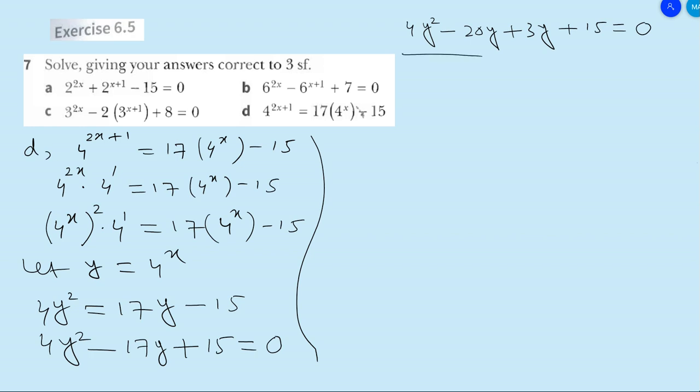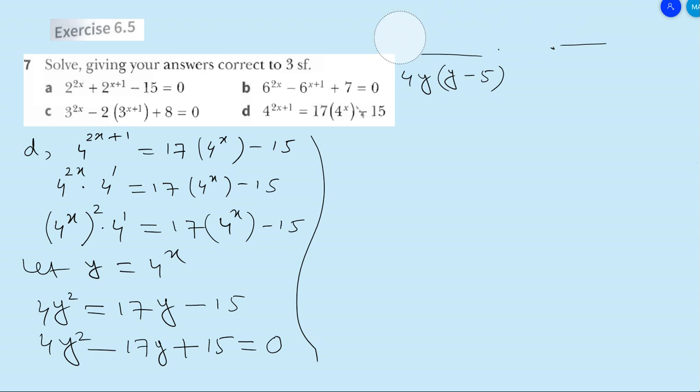First two factors, last two factors. Taking 4y, it will be y minus 5, but the sign will be different. So can we make other factors?